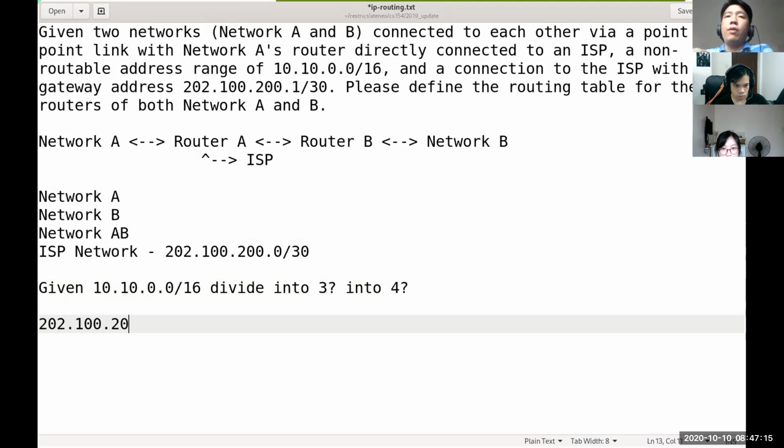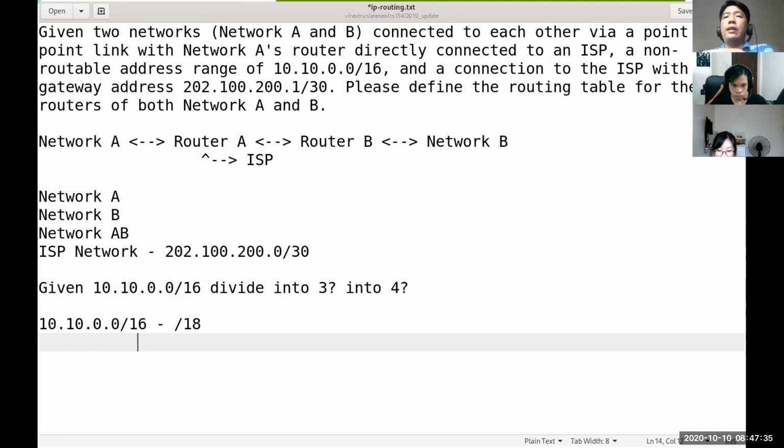To divide into four, I hope you still remember your subnetting exercise last week. 10.10.0.0/16. You can divide it into four by breaking it down: add 1 to the prefix length divides it into 2, so it should be /18.